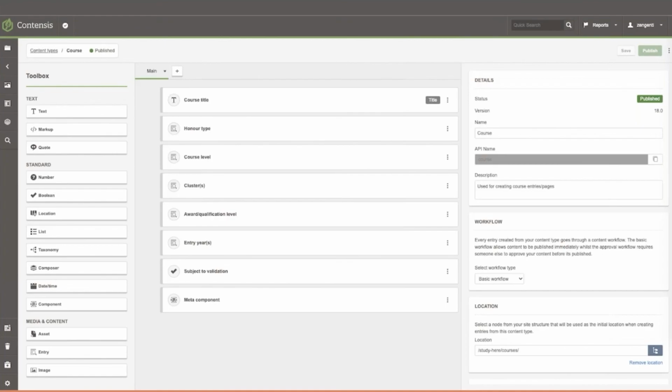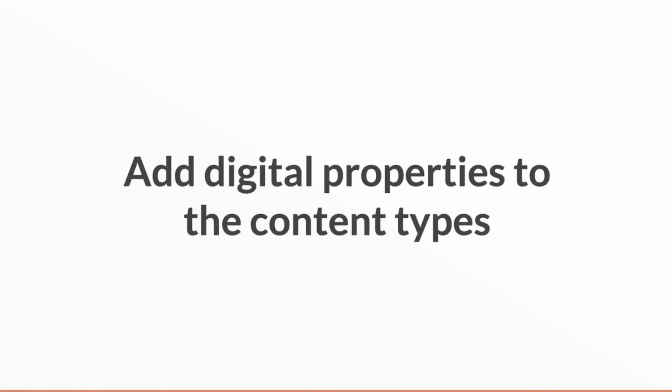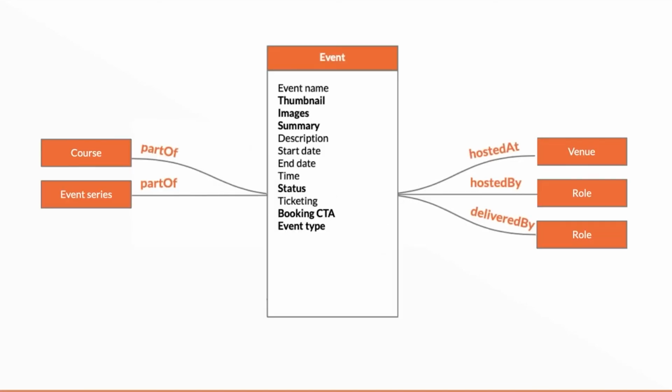Now we're adding digital properties to the different content types. So this is where we might start to say, right, images are going to be useful, we want to present events with images. Actually, maybe it's useful to have a thumbnail image specifically. Maybe a summary is good for when we have search results and want to show a summary of something rather than the whole description.